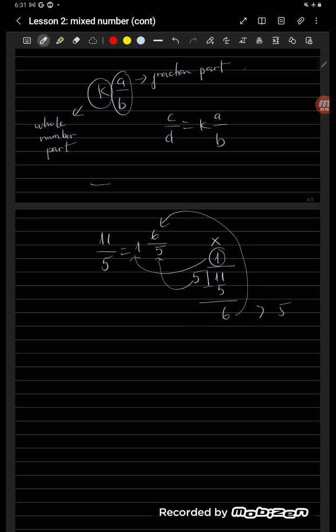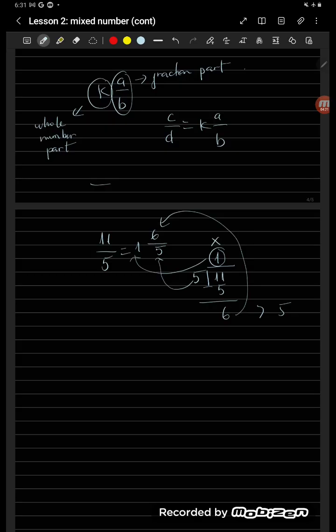In long division, the remainder must be smaller than the divisor. If it is greater than the divisor, it means you are wrong. That's why when you convert it into a mixed number, it's also wrong.